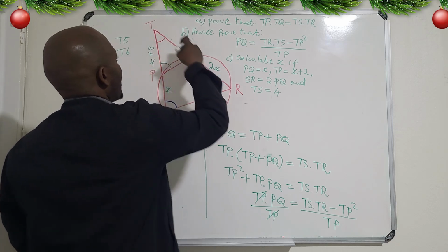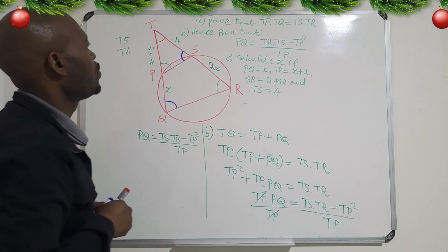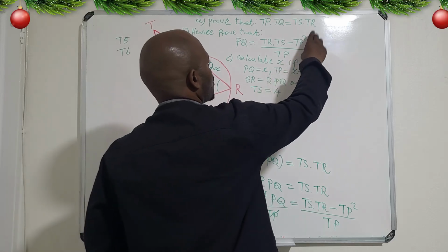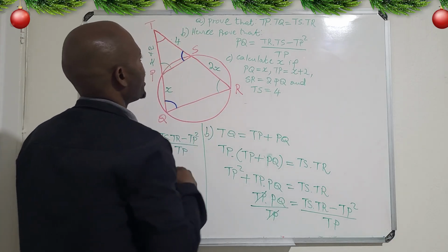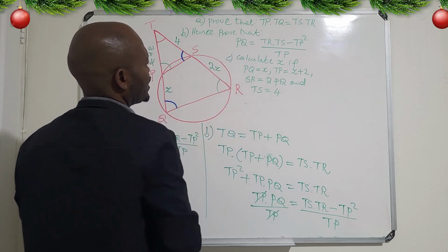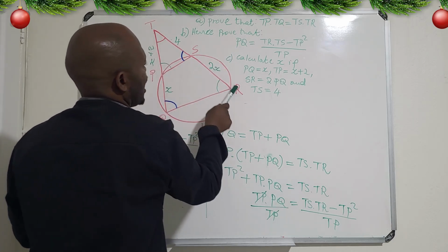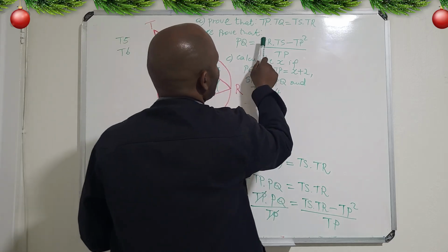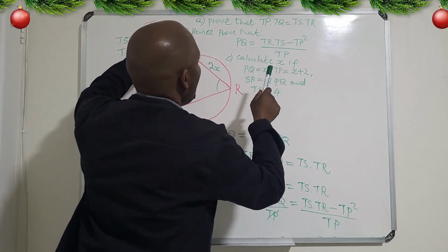Now our TS is 4. Since we do have that, and we do have PQ, which is X, we are running short of TR. We do have TS, which is 4.